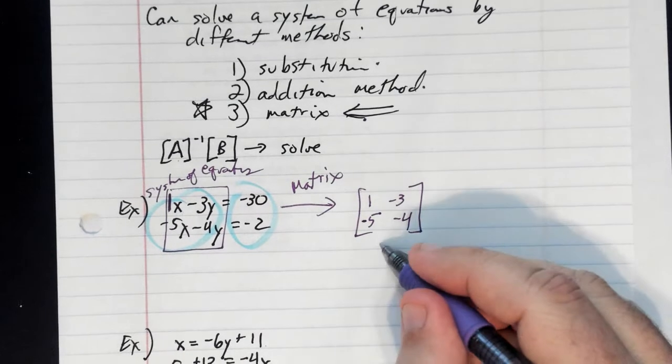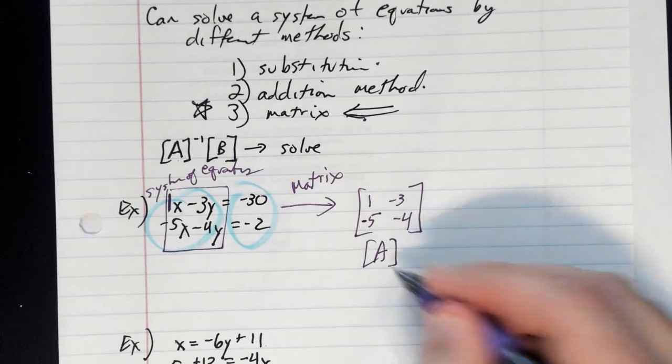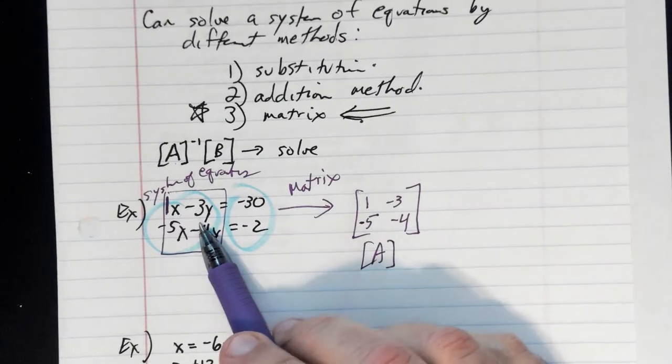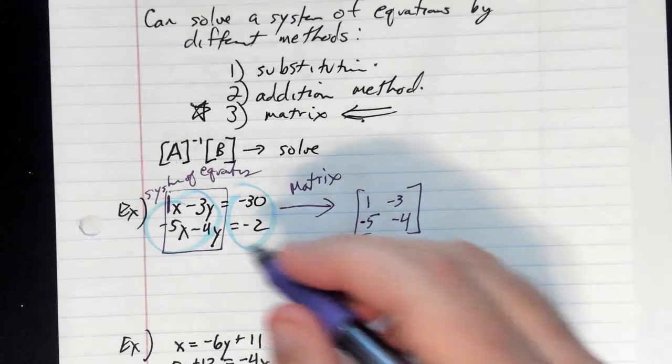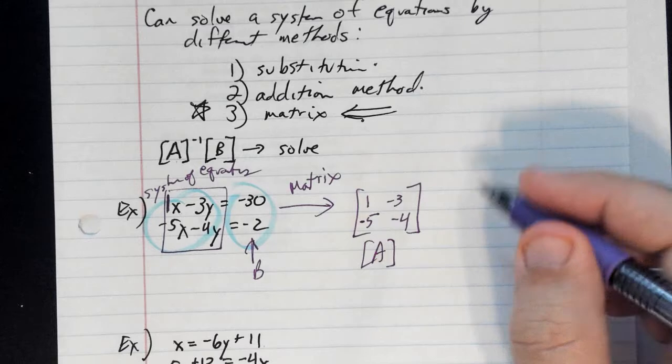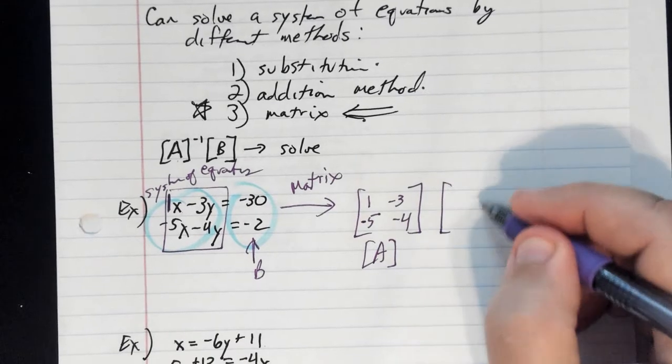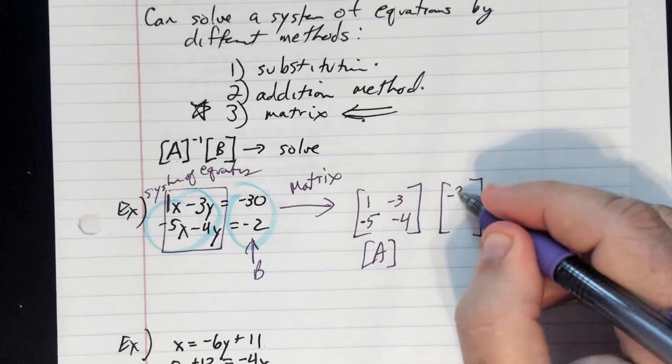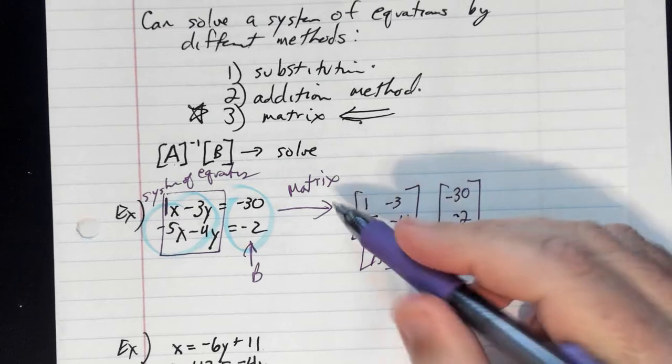We're going to label that as matrix A, and this side always gets matrix A. This, we're going to give it as B, and we're going to make it negative 30 and negative 2 in that same order.